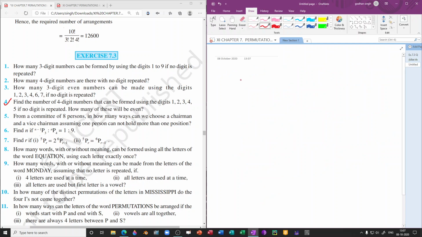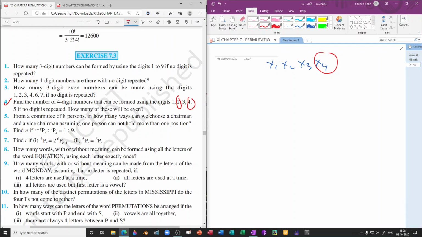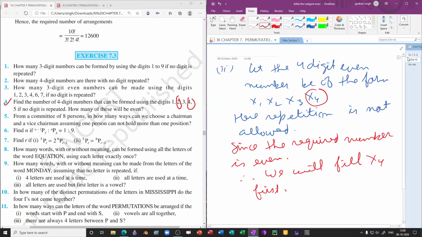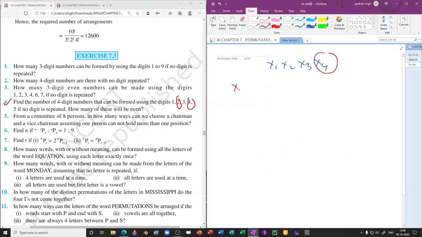The number we have is x1, x2, x3, x4. What are the digits available to us? They are 1, 2, 3, 4, 5, but we have to make it even, so we'll fill only 2 and 4. So x4 can be filled up in only 2 ways.